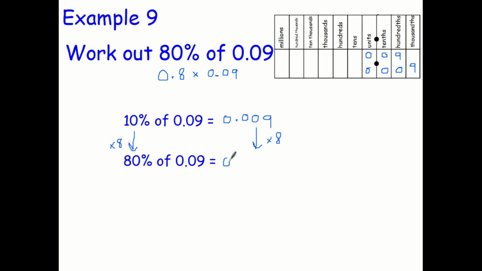But make sure you put that 72 in the right place value. So if that's in that column, then you're going to get your 72 going like this. So 0.072 is 80% of 0.09.